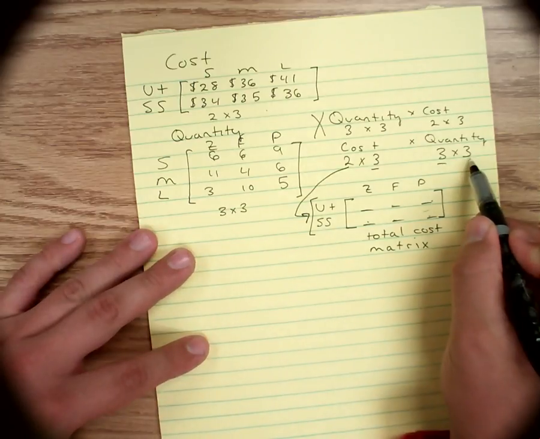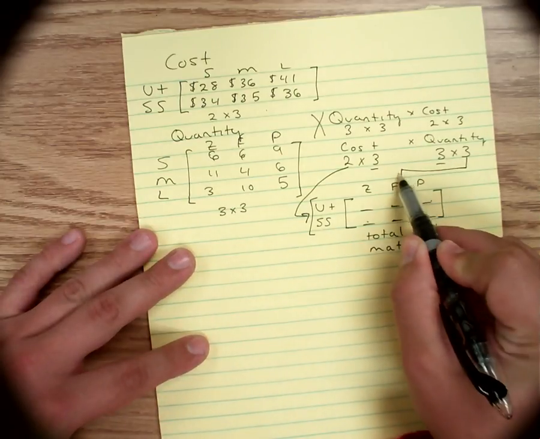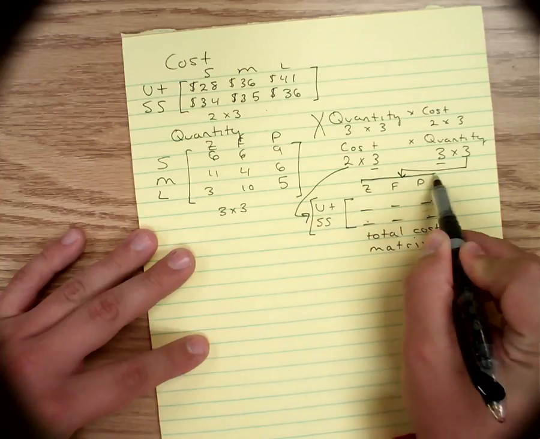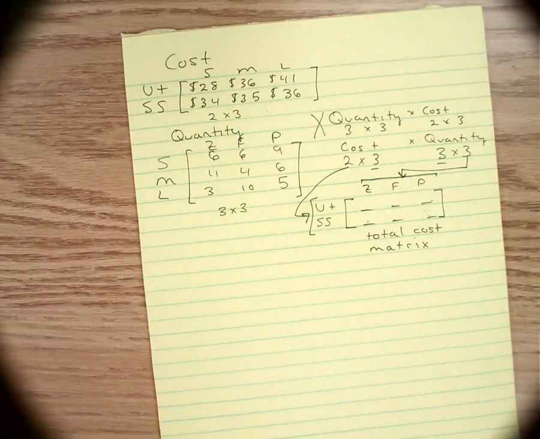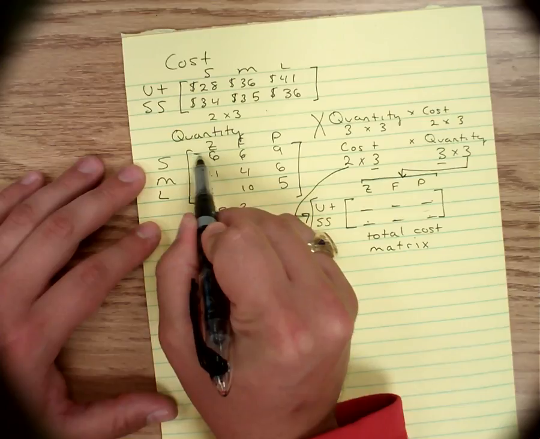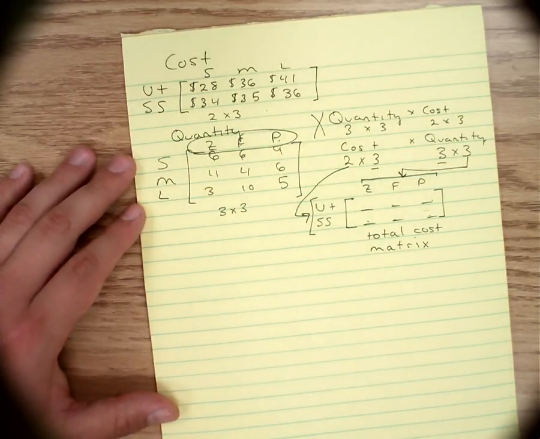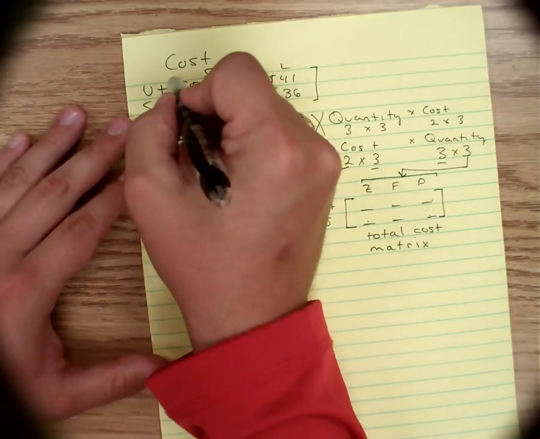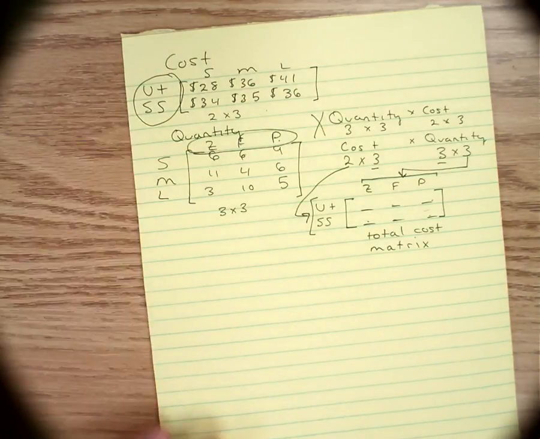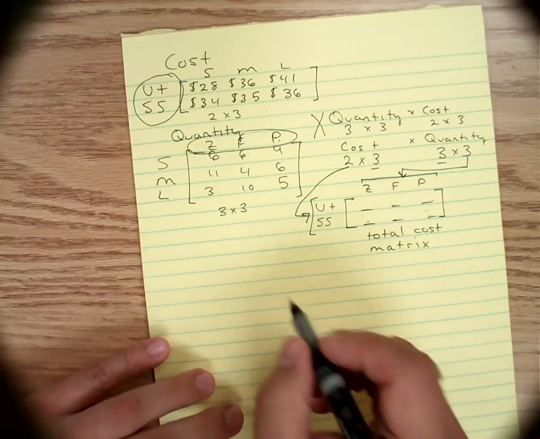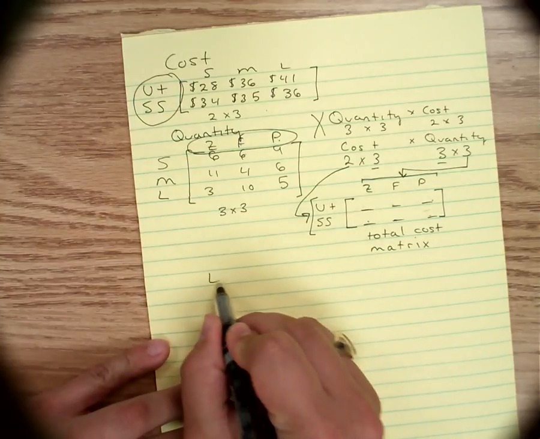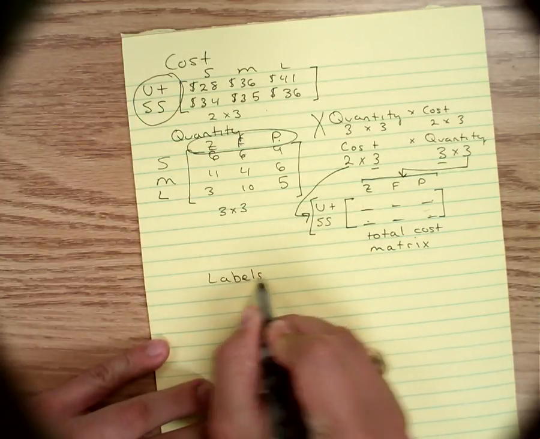And the columns come from the columns of that second matrix, because the columns of that second matrix were the Zephyrs, Flyers, and Pioneers. And the rows were the original rows of the cost matrix. So this leads me into our toolkit of labels on matrices.